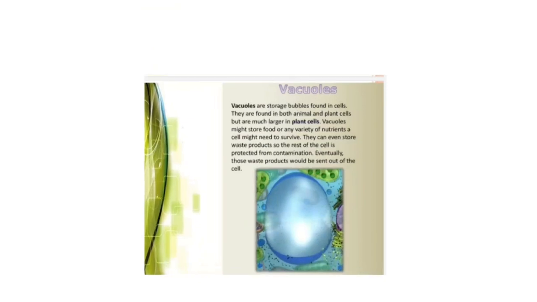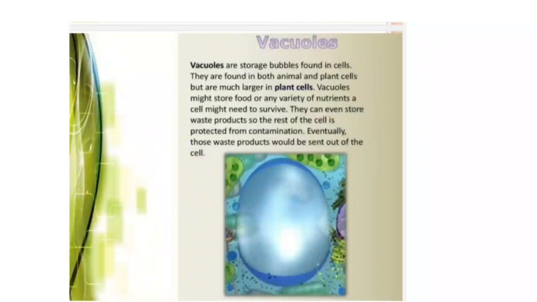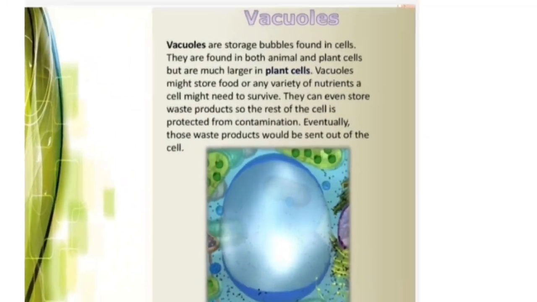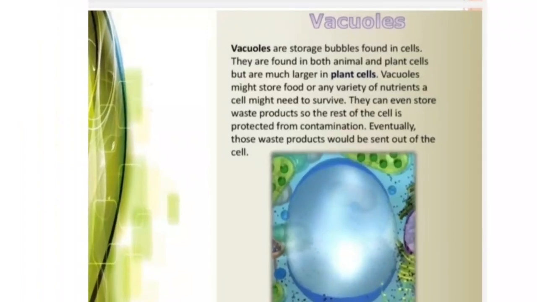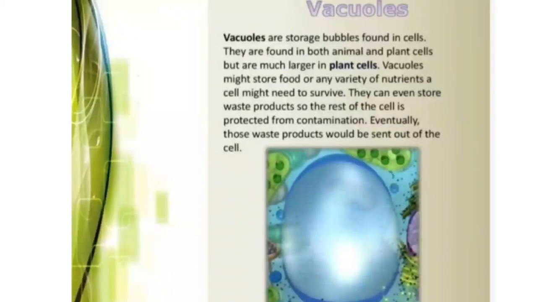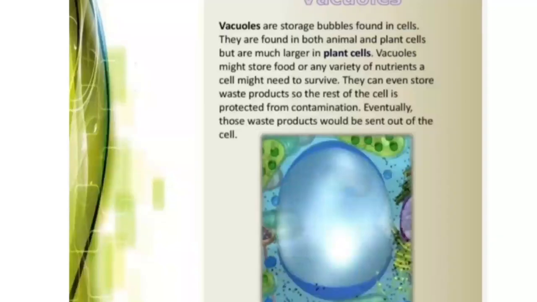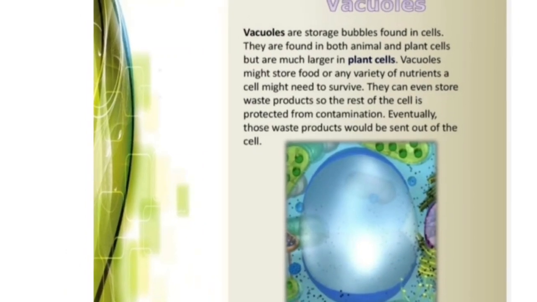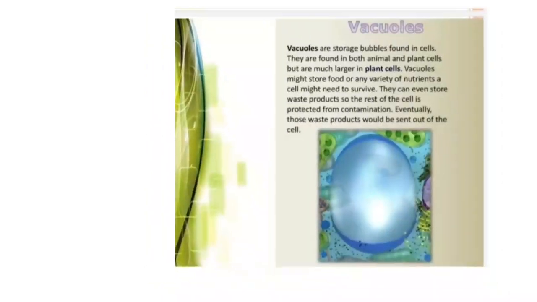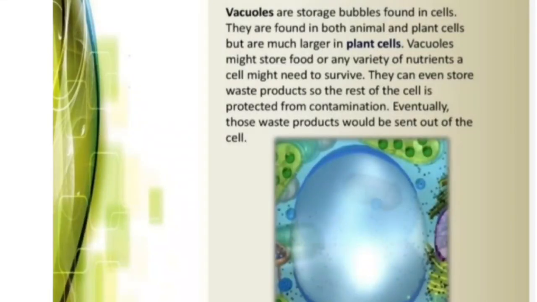Then next, vacuoles. See here the structure of vacuoles. Vacuoles are a storage bubble found in a cell. They are found in both animal and plant cells, but are much larger in plant cells.